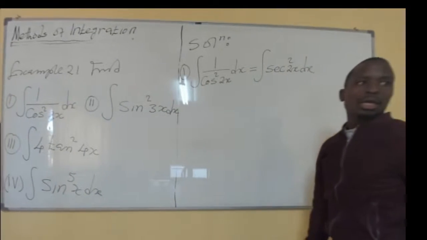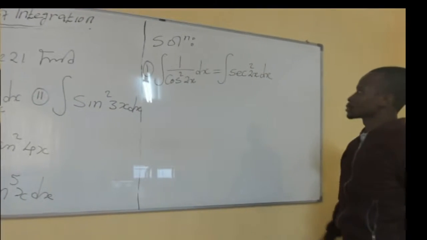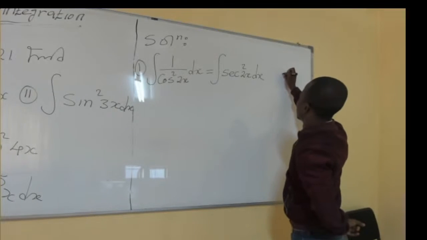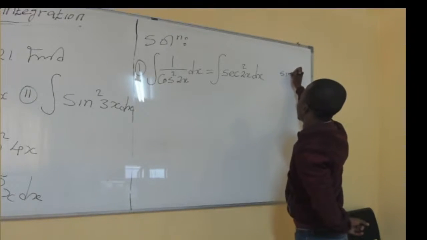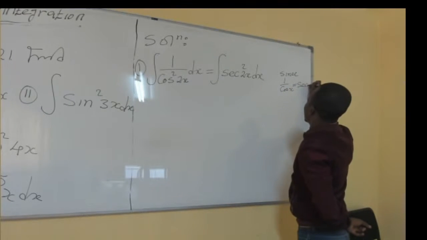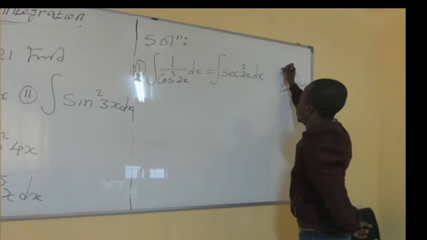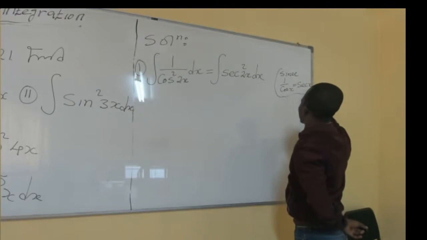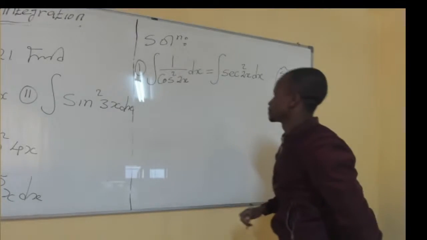Remember, the reason is that 1 over cos x is equal to sec x. This is why it's like that.